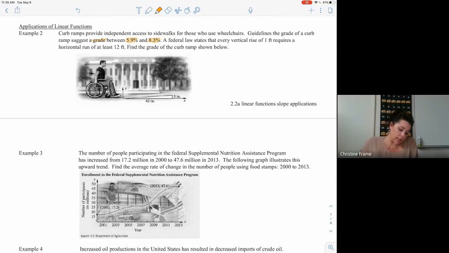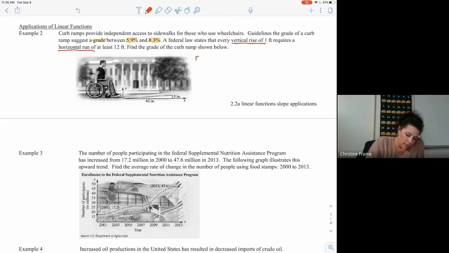It says a federal law states that every vertical rise of 1 foot requires a horizontal run of at least 12 feet. Find the grade of the curb ramp shown below. So you see that we're doing vertical rise over horizontal run. Find the grade. So we want the slope of that line, right?